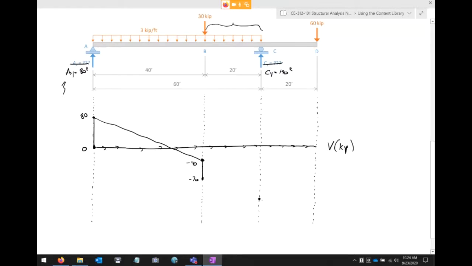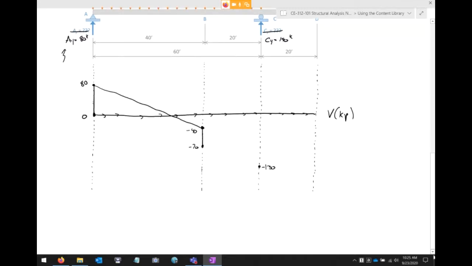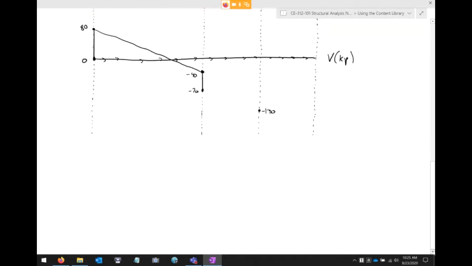Negative 130. And then again, constant load, linear shear. Let me see if I can do better than that. I'm going to scroll down a bit, see if I can draw a straighter line. That's about the best you're going to get out of me.